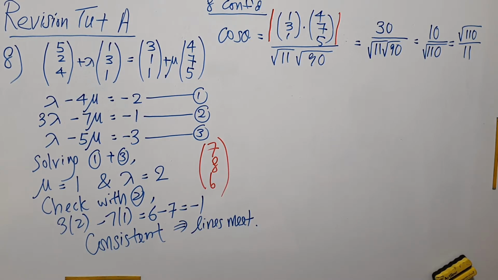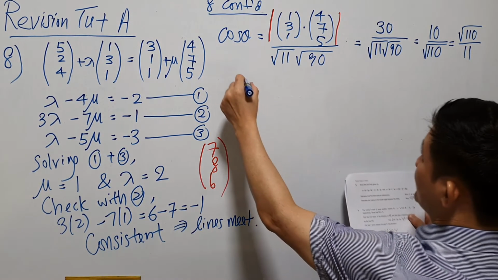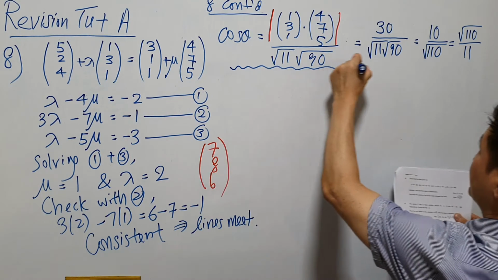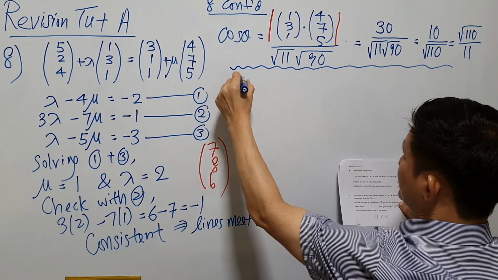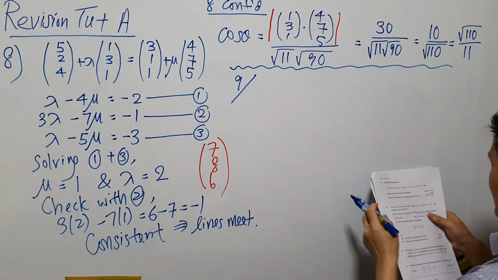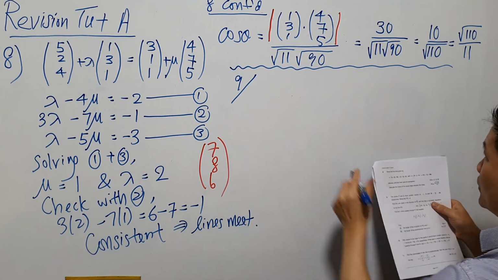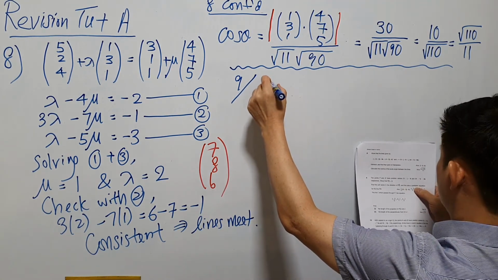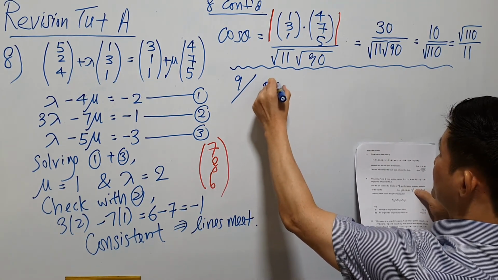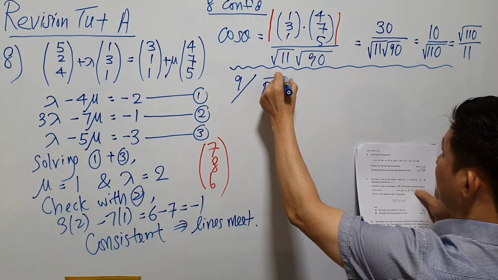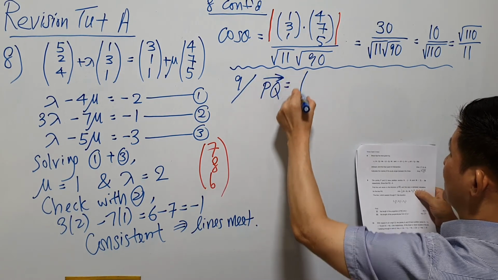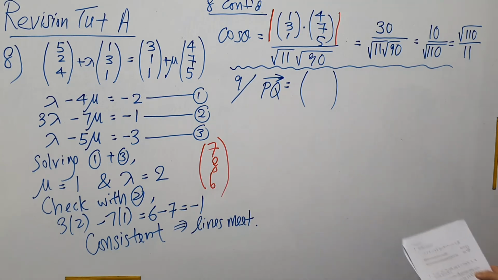And then let's do question number 9. P and Q. Show that PQ has a length of 9. Okay, so you have OP and OQ. PQ, if you look at the given vectors, is obviously OQ minus OP.